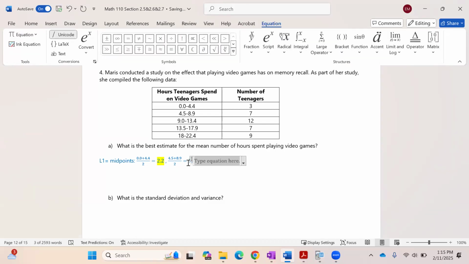Same thing, we have 9.0 plus 13.4 divided by 2, and that comes out to be 11.2. Excuse me, I had a typo on this previous part. I wrote 7 because I was looking at the frequency, and that's the number I typed, but it should be 6.7.